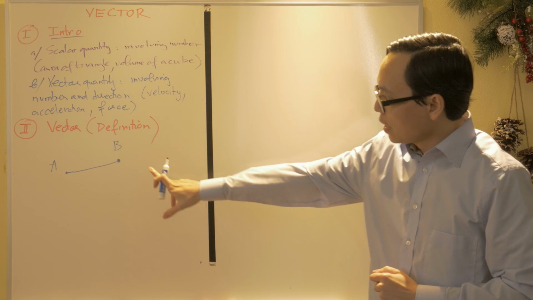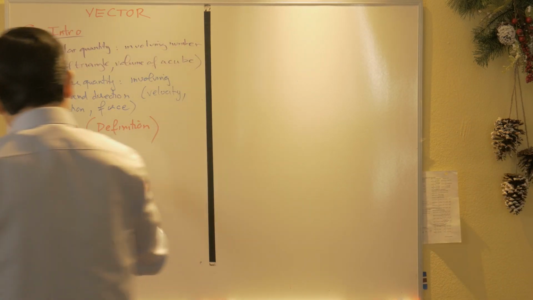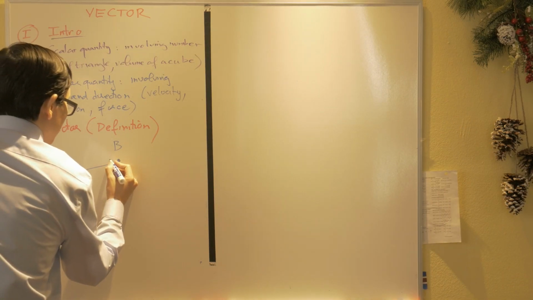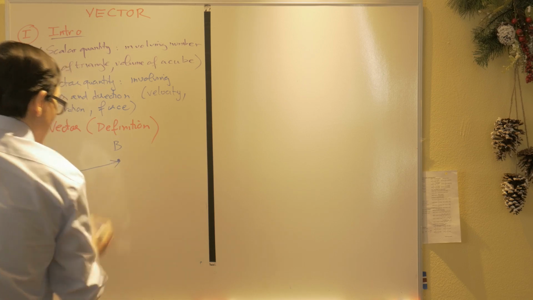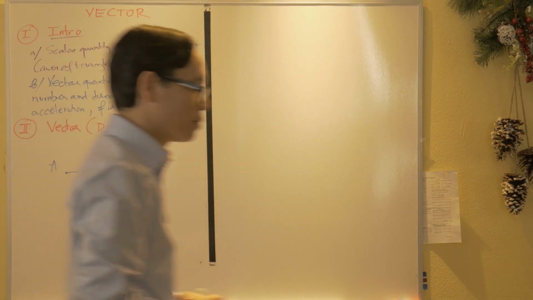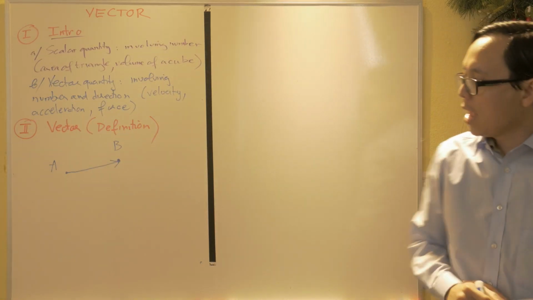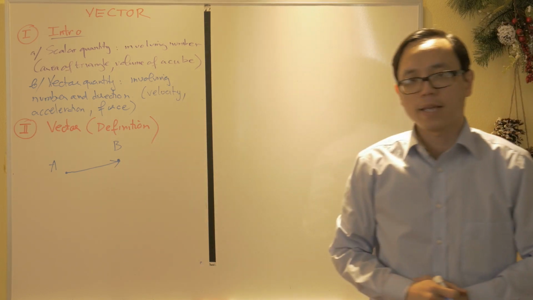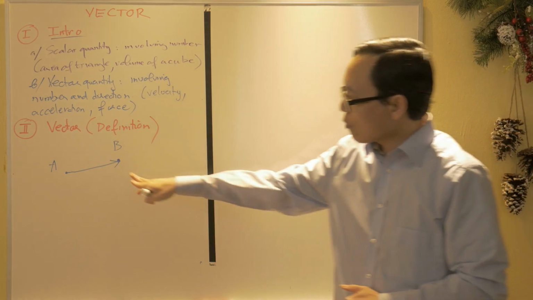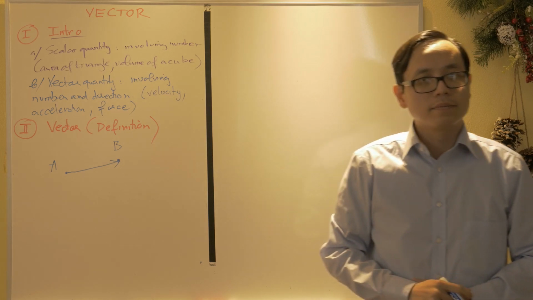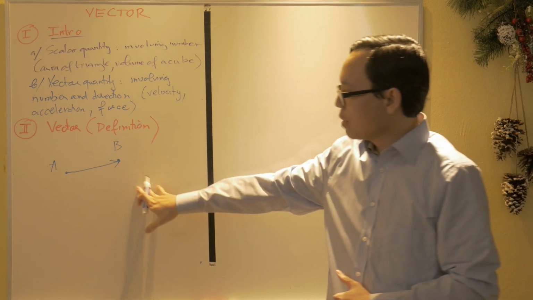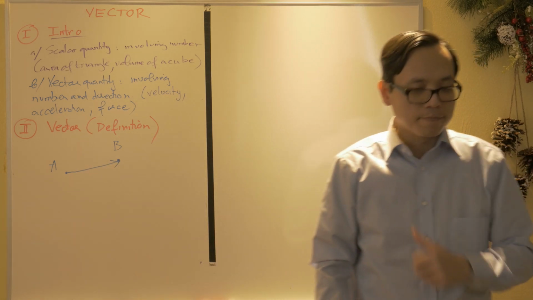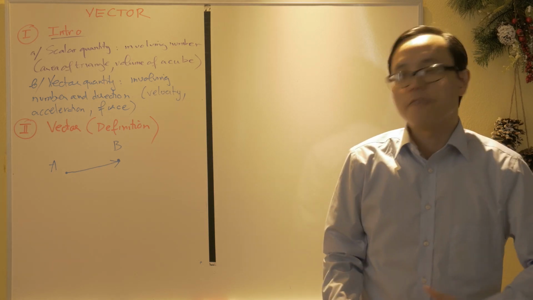Okay, but at B, I draw an arrow. So what I have on my whiteboard here is a segment AB with a direction. Okay. If we draw a segment and you draw an arrow, you create a vector.